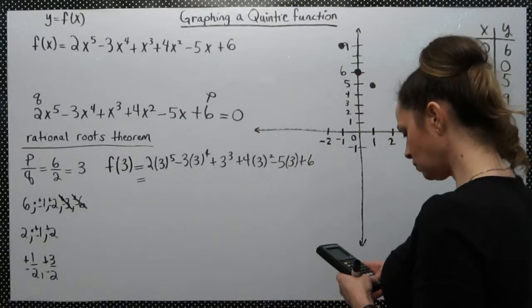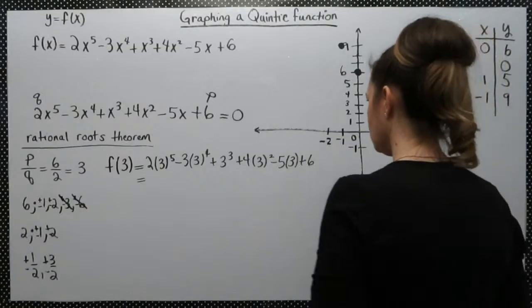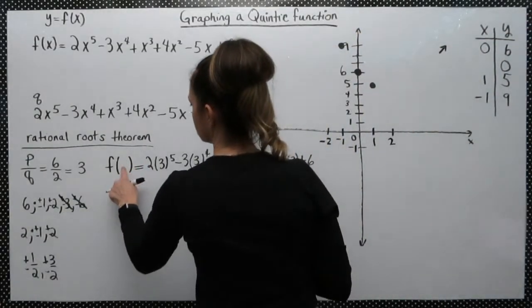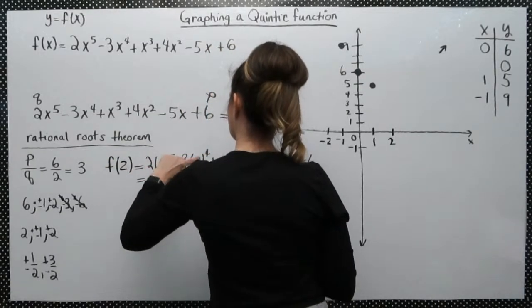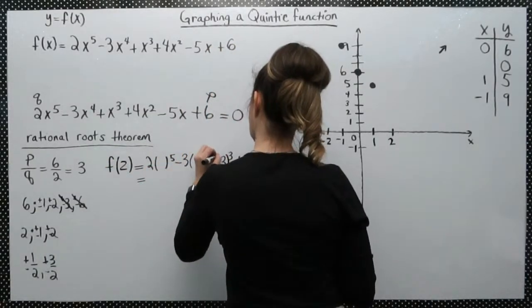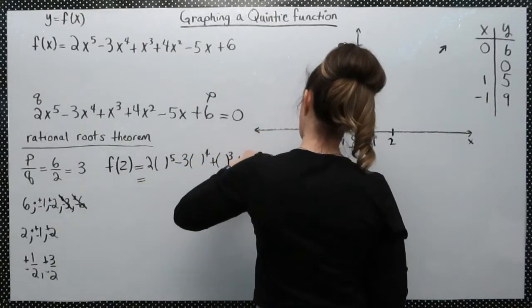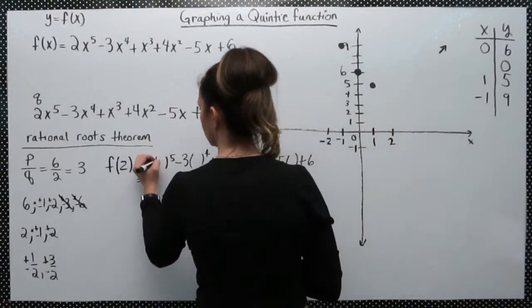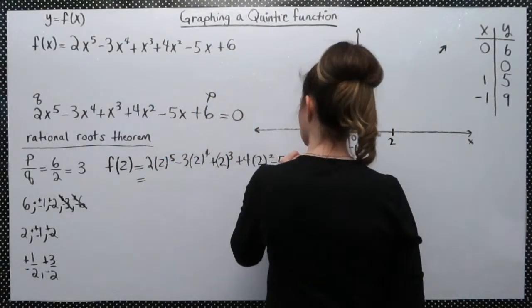So we have 2. So all we're doing is replacing this with 2. And that makes it a little bit easier. We do it that way. 2, 2, 2, 2, and 2.